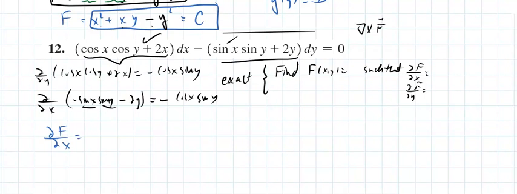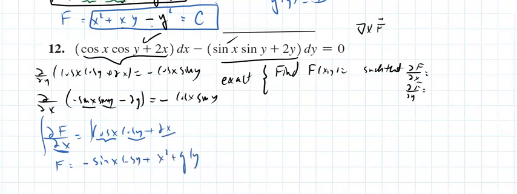The partial derivative of my answer with respect to x is going to be cosine of x, cosine of y, plus 2x. If I integrate, and I'm doing a partial with respect to x, this is a constant. Cosine of y you leave alone. What do you take a derivative of to get cosine of x? Sine of x, cosine of y, plus x squared plus a function of y.